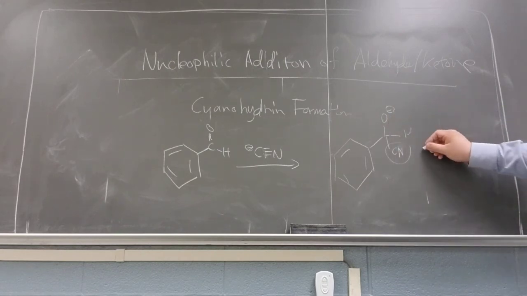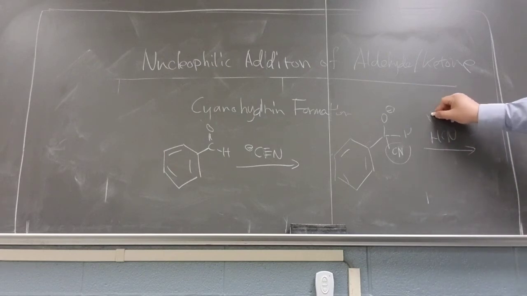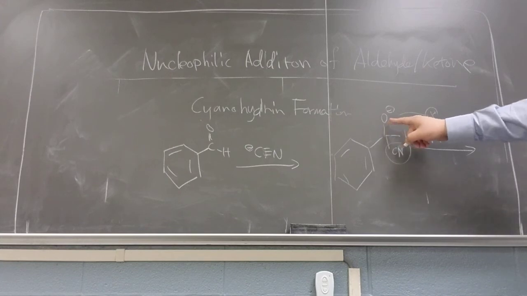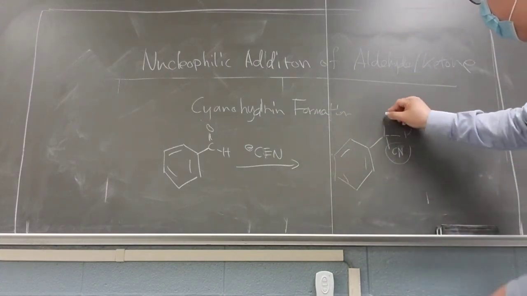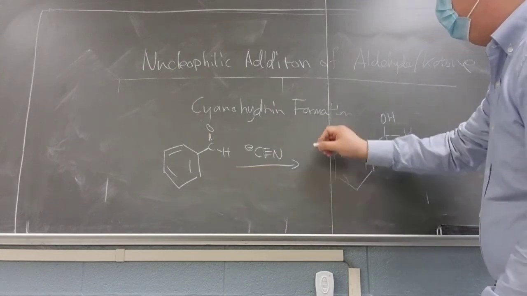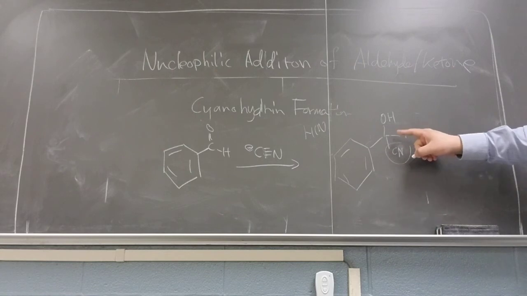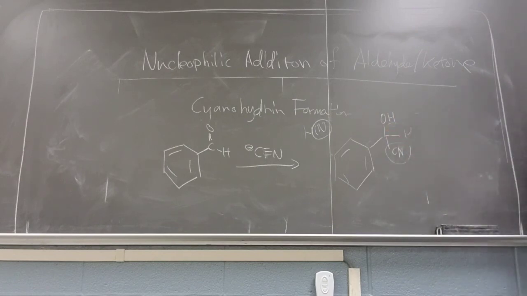Then you can treat it with HCl, and this hydrogen cation will be taken by this negatively charged oxygen here. So you saw the same thing, right? If you treat this benzaldehyde with HCN, you just have this group added here, and this oxygen of the carbonyl group will have a hydrogen with a single bond. So this is the trick.